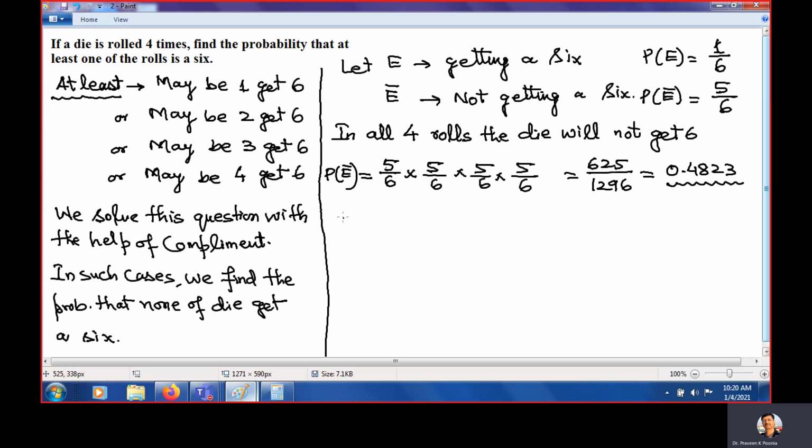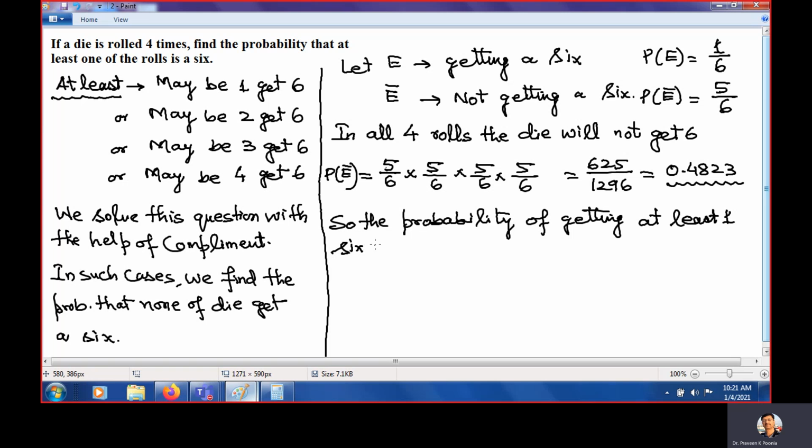Now, the probability of getting at least one 6 in 4 throws, that means probability of E, is equal to 1 minus probability of E bar.